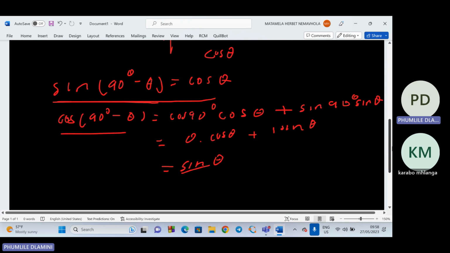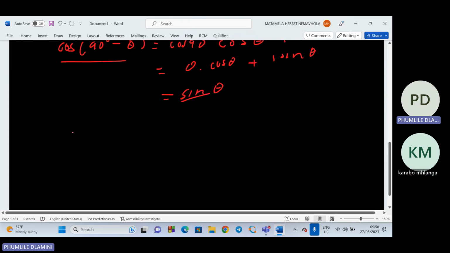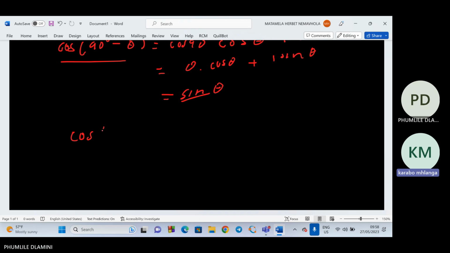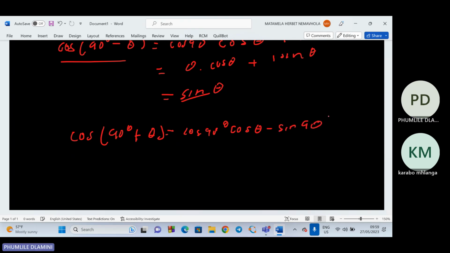So now we're also going to check what if you have cos of 90 degrees plus theta. We were working with the minus. For cos 90 degrees plus theta, we use the same identities. It's cos 90 degrees cos theta, and because it's plus, it's going to be minus sine 90 degrees sine theta.